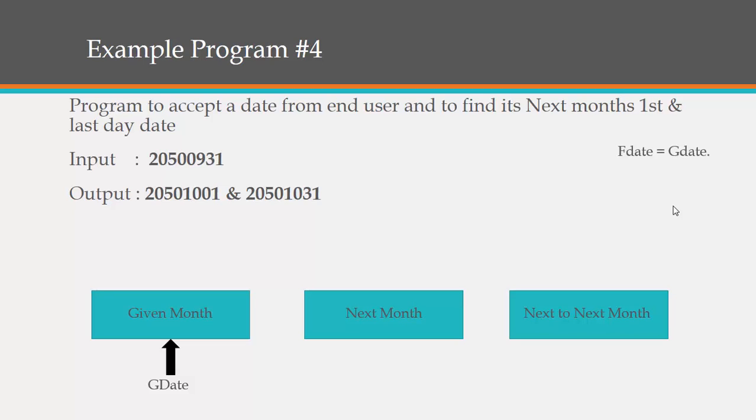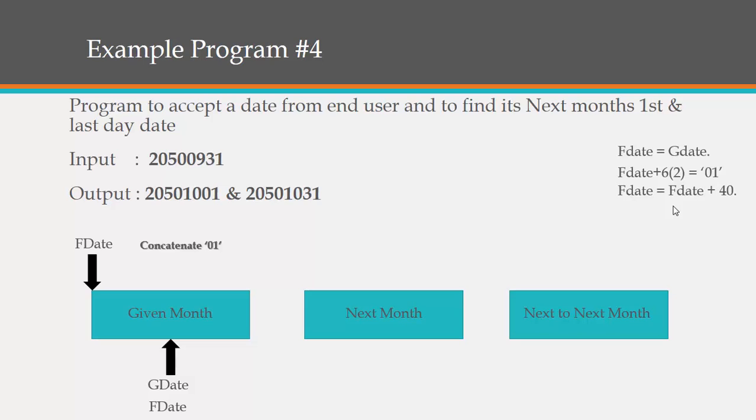So F date equal to G date, and once that is done, we'll set it to the 1st of the given month by concatenating it with 01. For that, the statement will be F date plus 6 of 2 equal to 01. Now the pointer points to F date, which is the start of the month. To move into the next month, we will be adding 40 days in the given month.